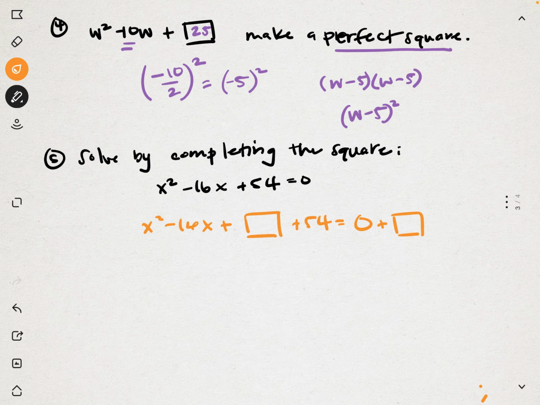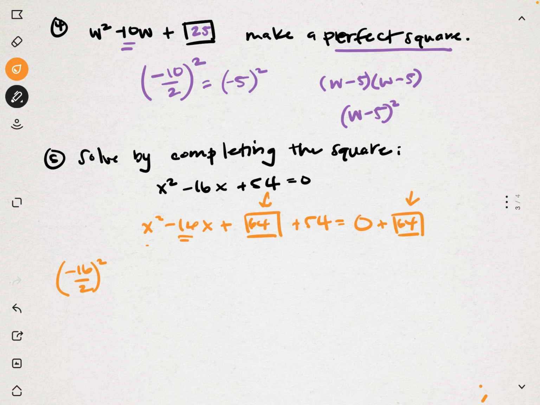So we're looking at the middle term again, negative 16x. So we're going to do negative 16 divided by 2, squared. Negative 16 divided by 2 is negative 8. Squared is 64. So notice we're balancing out because we have an equation this time, right? So if we add 64 to one side, we've got to make sure that we add 64 to the other side.